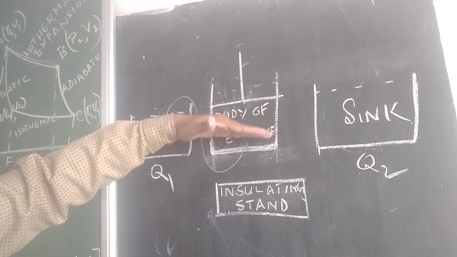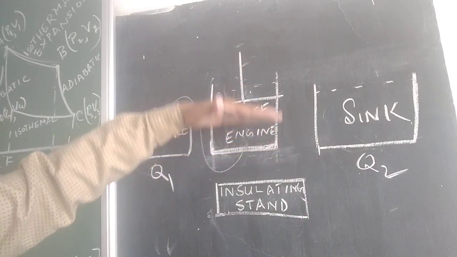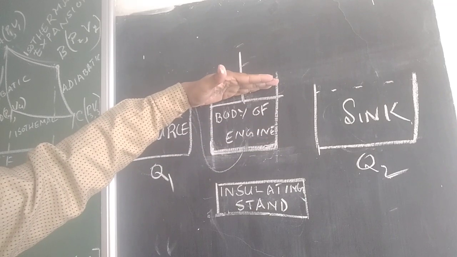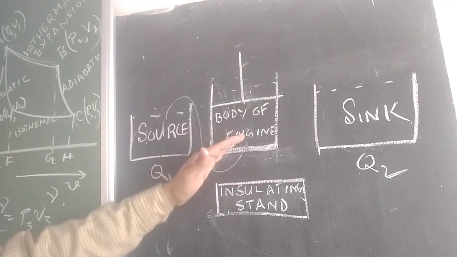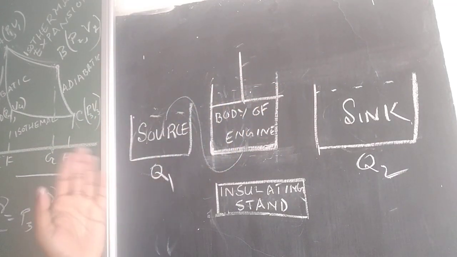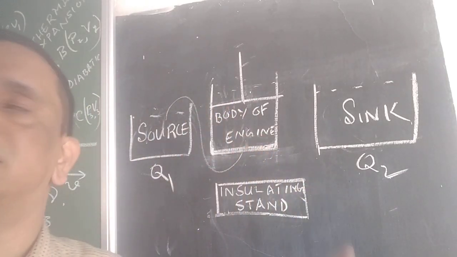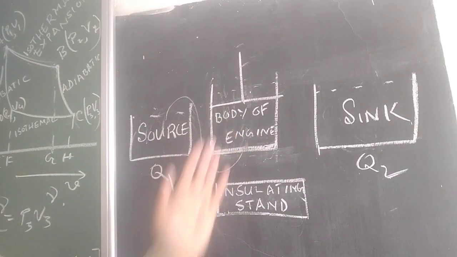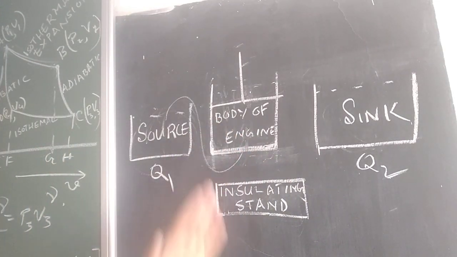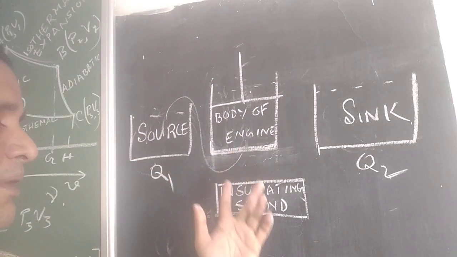That means the volume increases, pressure decreases, and temperature changes. Suppose temperature changes from T1 to T2, volume changes from V2 to V3, pressure changes from P2 to P3, but the heat remains constant. It will not go anywhere else. So we can say this process is an adiabatic process.